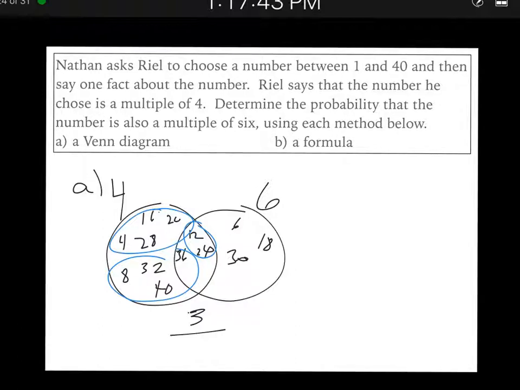This one's tricky, I think, because you have to think about maybe listing them out somewhere. If we know it's a multiple of 4, we have 10 options, because there's only 10 multiples of 4. So it's going to be 10 on the bottom. Then 3 of those 10 are multiples of 6 as well. So the probability is 3 out of 10.